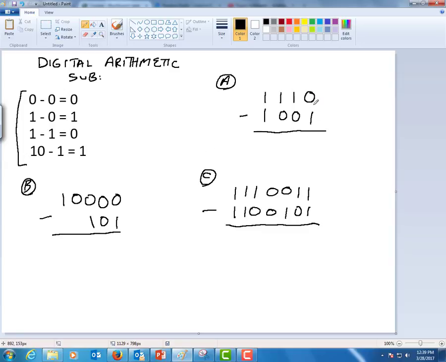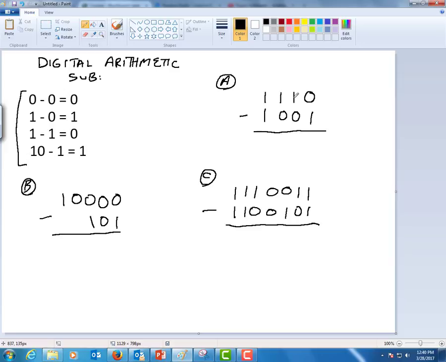So when you first look at this, you're subtracting two numbers, and even in decimal you cannot subtract a 1 from a 0. You're going to have to borrow to do that. Now in binary, when you borrow, the column to the right is basically worth 2 of what you have on the left.